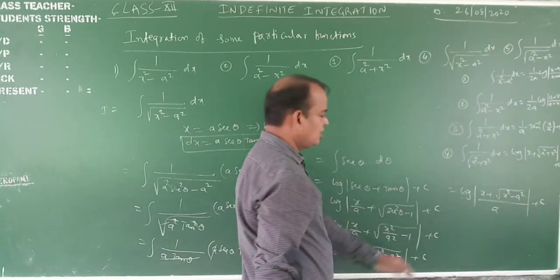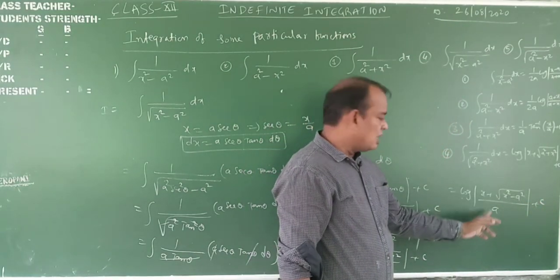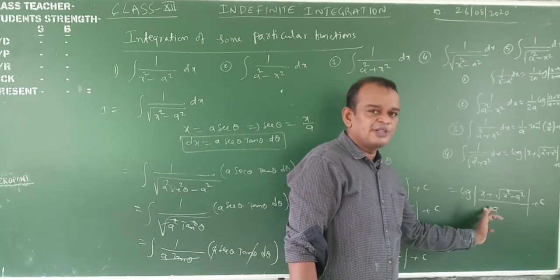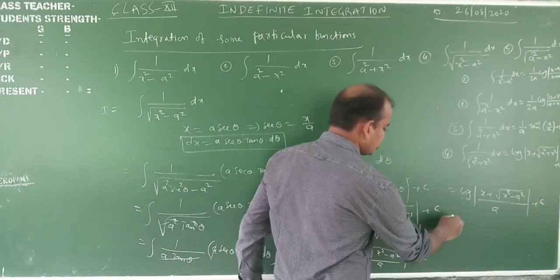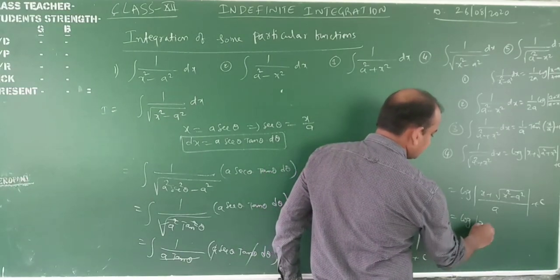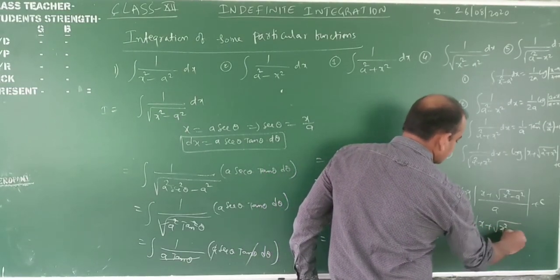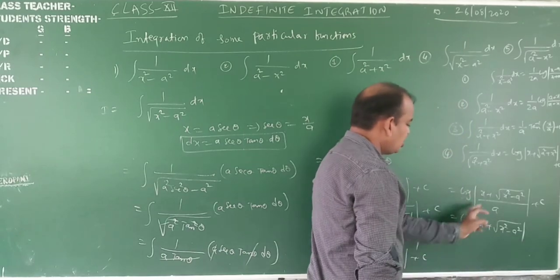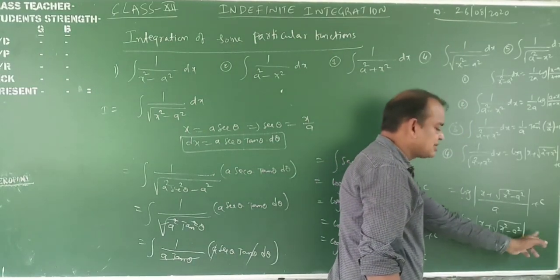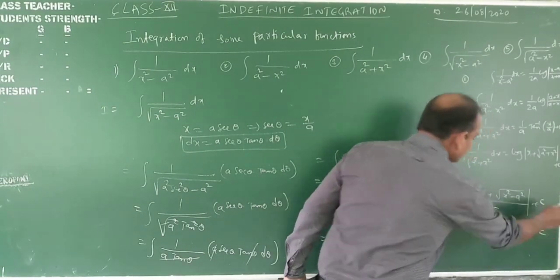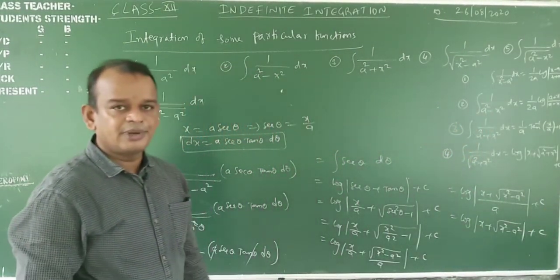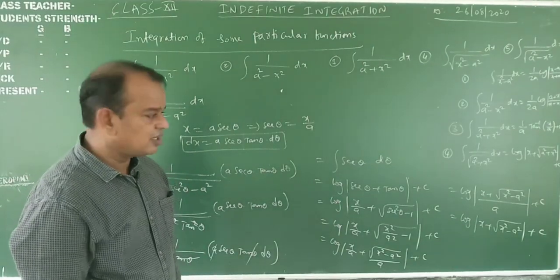Log a by b is log a minus log b, so minus log a plus c. Log a is a constant and c is a constant, so you take another constant, capital C. No problem at all. I hope you understood.